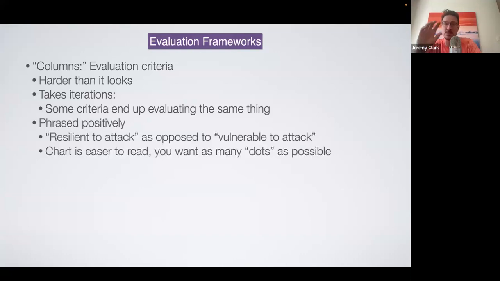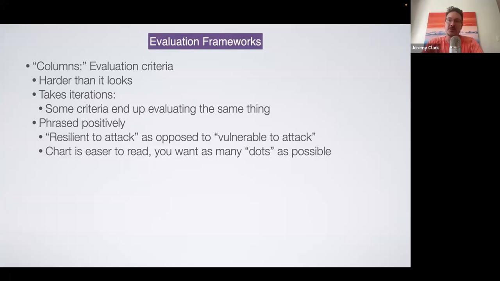The second thing we do is we try and phrase the columns positively, meaning, think of it as, I haven't got there yet, but you're going to put a check mark or a dot in the column. And so you always want the check mark. Okay. And it's just a question. This is an English thing. So for example, let's say there's an attack against this class of thing that you have your solutions for, and there's a certain attack that works on some of them, and you want to make sure that it doesn't work on the different solutions, or you want to see what the differences are.